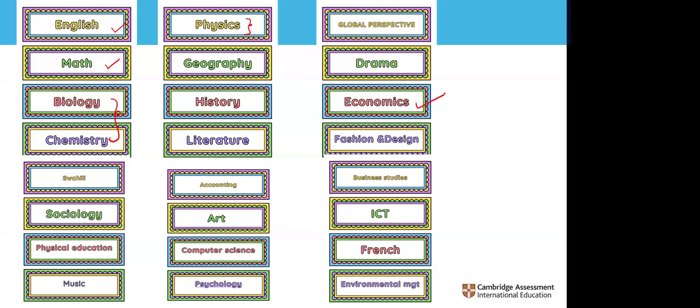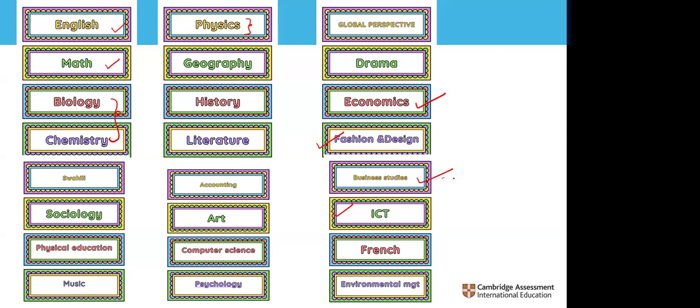So you find some schools choosing economics, fashion, and design. This is more of like what we have here as textile. Those things of textile. ICT is a subject as well, even at the other advanced level. It's called computer science, but also we have information technology. So a child may need to choose.